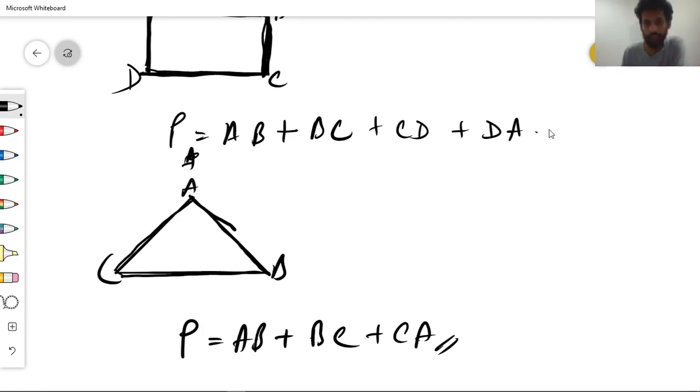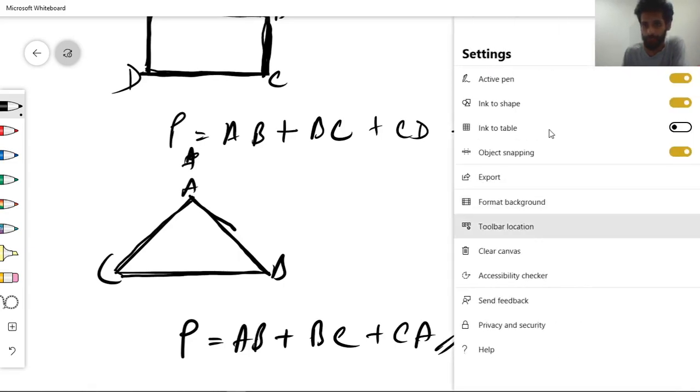Now these are the given figures, but the figures can be anything.